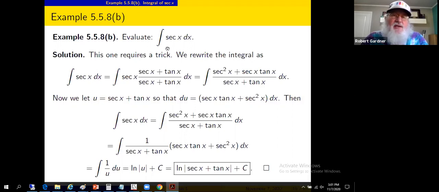I bet you the integral of cosecant x is negative natural log of the absolute value of cosecant x plus cotangent x, plus a constant. I bet I change all the cofunctions and introduce a negative sign. I bet you that's what happens. Possibly I'm off a little bit, but that's the kind of pattern we've seen before, and I think that's correct. But I am a little rusty at this myself. But the computation is a similar trick for cosecant.